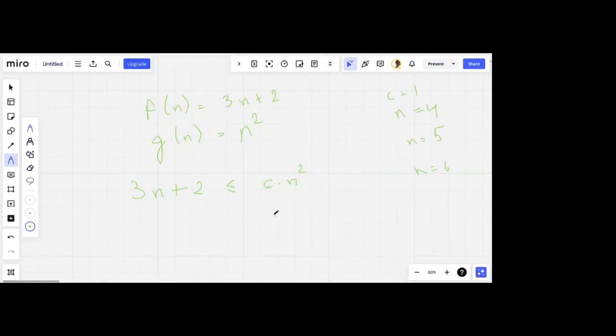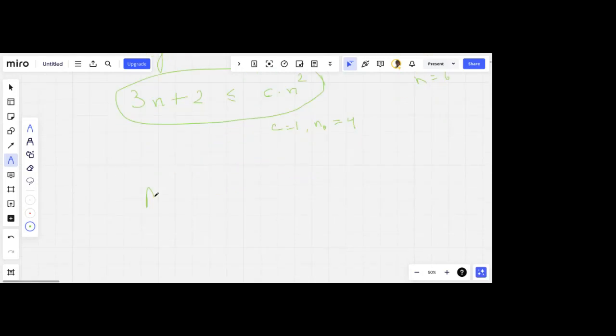So I have found c equal to 1 and n naught equal to 4 such that this statement is valid, right? Yes or no? So I can also say that f of n is big O of n square, based on the definition.